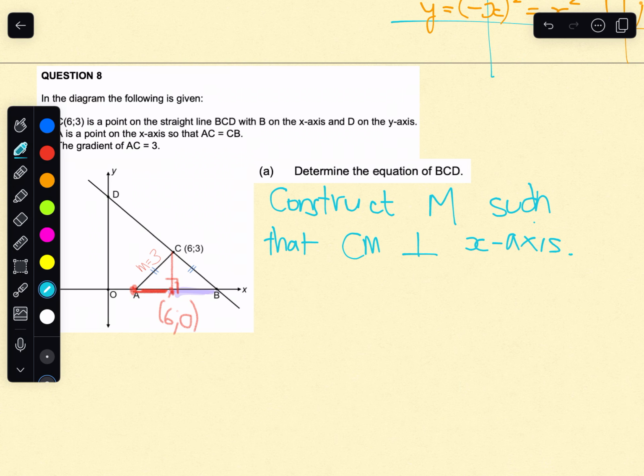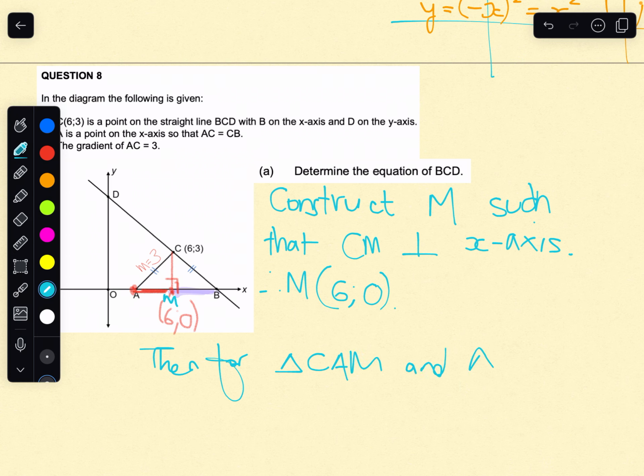Therefore the coordinates of M will be (6, 0). Then for triangles CAM, so this is our M here, and triangle CBM, the following is true. We said CM is a common side.